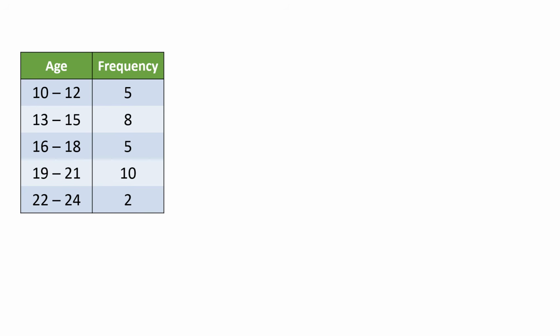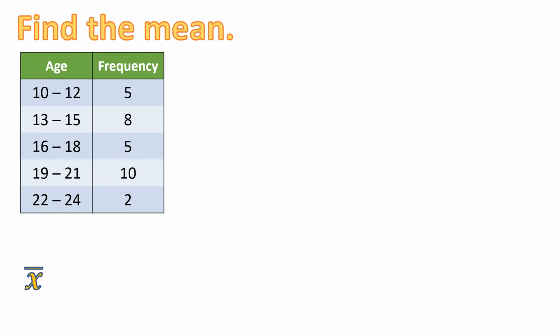So you really have no idea what is the exact data or age, but you have only the idea by group. And we want to know how to solve the mean. So we're gonna find the mean. And finding the mean of a group data is totally different from finding the mean of ungrouped. So we follow a formula for the mean.